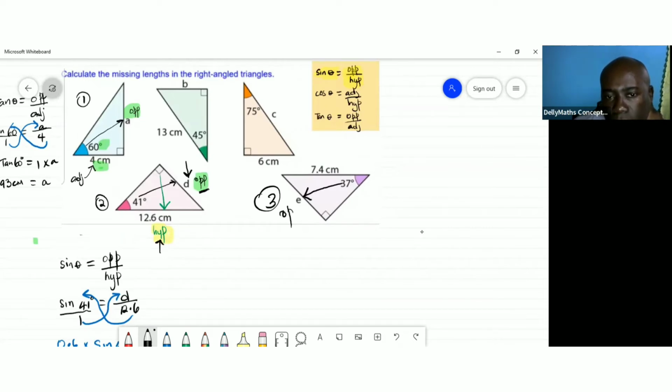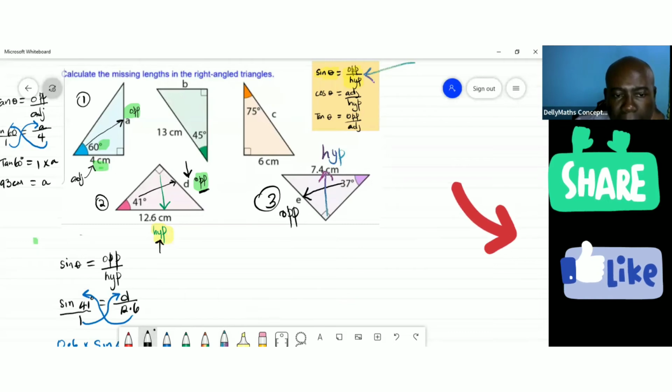So this is opposite again. And I realize that I do have the side opposite to the right angle. That means I have the hypotenuse again. Hypotenuse and opposite is sine. So we're going to use the sine ratio again.